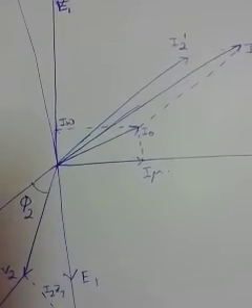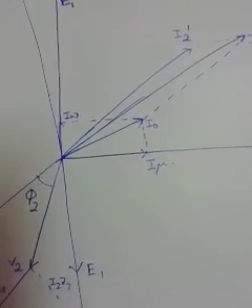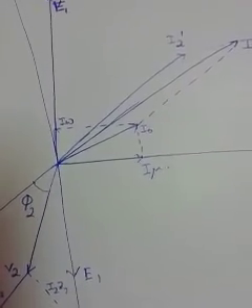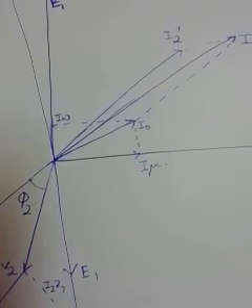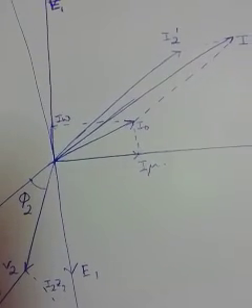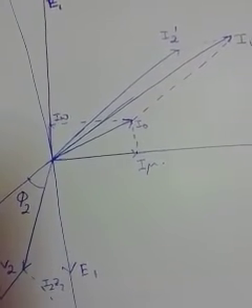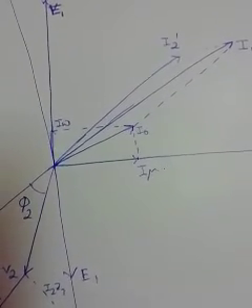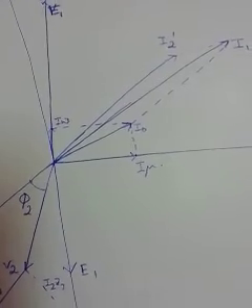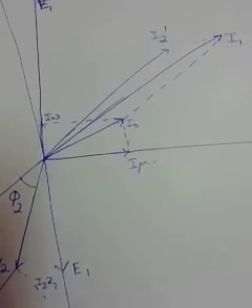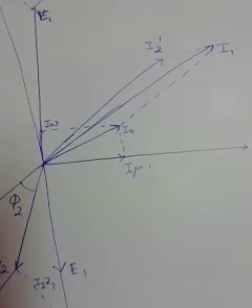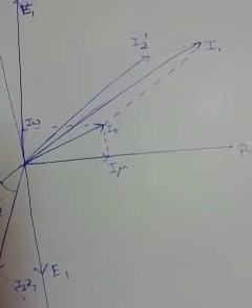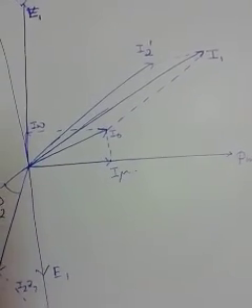So what is this I2 prime? I2 prime is nothing but the secondary current referred to primary. Once this is referred to the primary side, two currents are present in the primary side. One is the no load current I0 and the other is I2 prime, which is actually supplying the load in the secondary side. If we add these two phasors together, we get the total primary current I1.